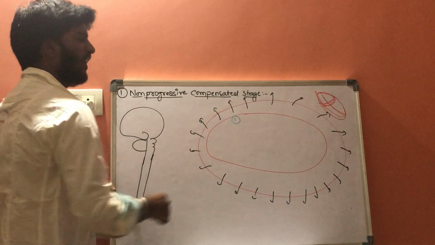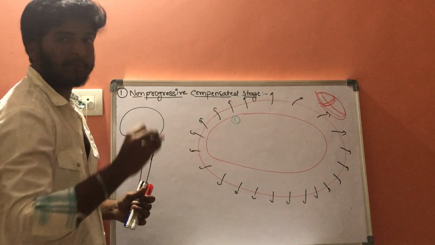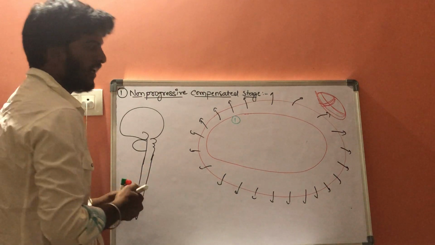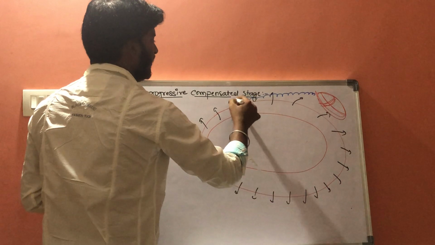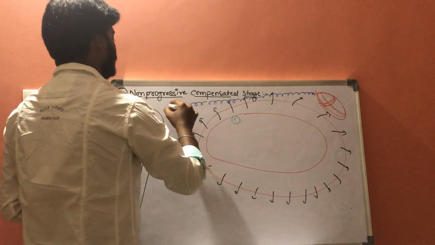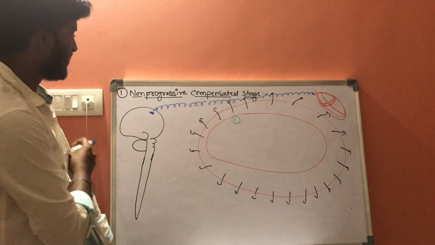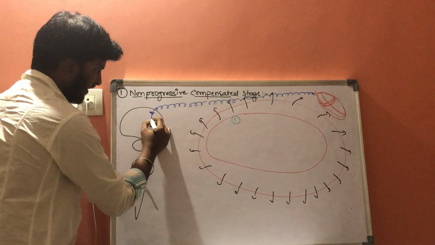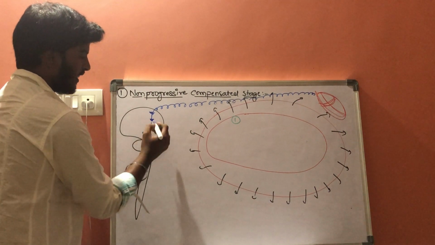Whenever the blood pressure is decreased, it will send a signal to the central nervous system. Whenever the central nervous system is activated, certain polyneuronal descending pathways will be activated.